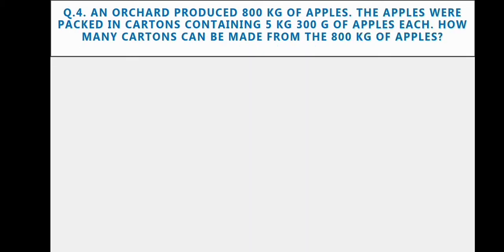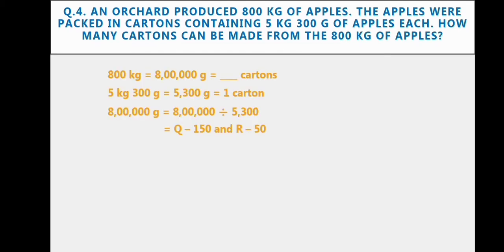Question number 4. An orchard produced 800 kg of apples. The apples were packed in cartons containing 5 kg 300 gram of apples each. How many cartons can be made from the 800 kg of apples? Now what is given? 800 kg. If it is changed into gram, then it will be 8 lakh gram.